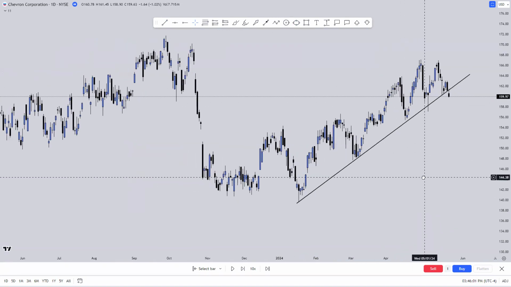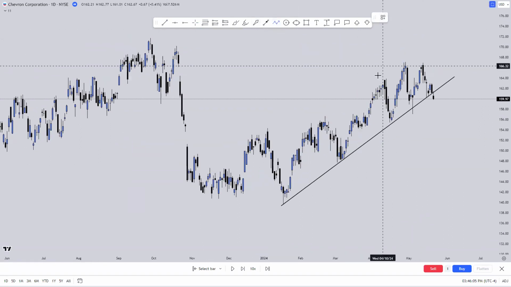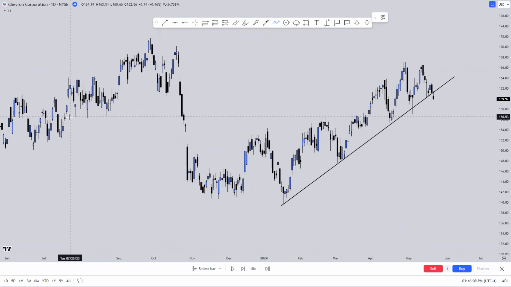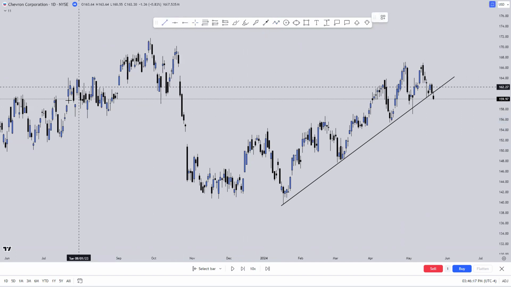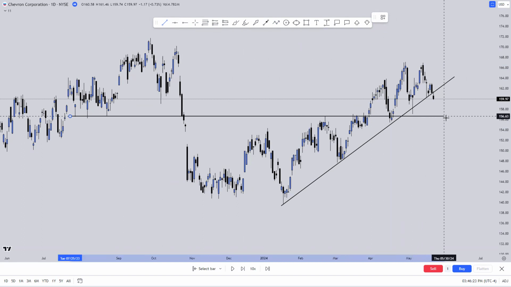One thing I noticed is that we have a level here. If you look closely, you'll see a level where the price likes to react. Let me delete that and use this one here. There's a level here that the price just loves to react to. So we'll just draw that level for you.